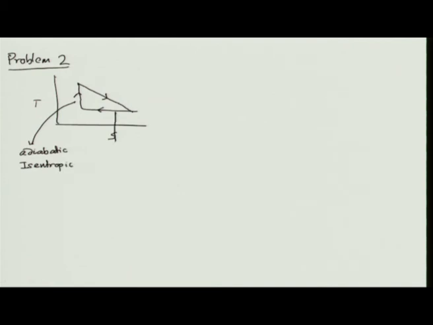What about this one? This one we can easily find out because temperature is constant, is isothermal. This process, what is this process? This is not adiabatic, it is a straight line I have drawn. Okay? So, this process can be isochoric or isobaric.